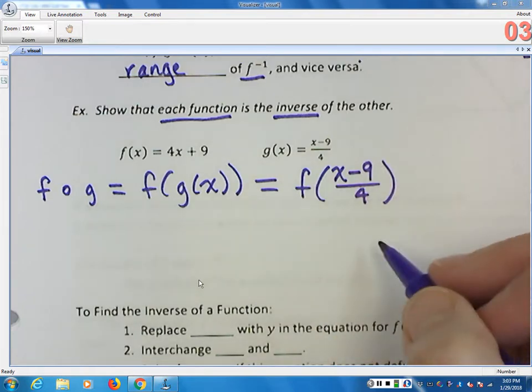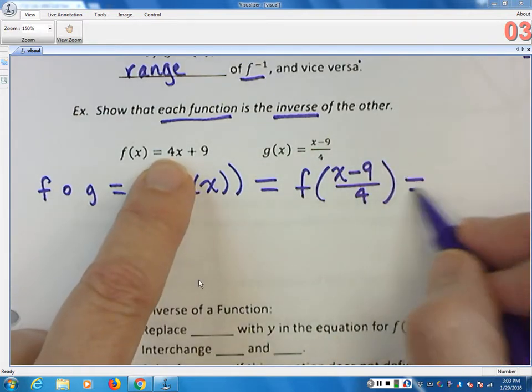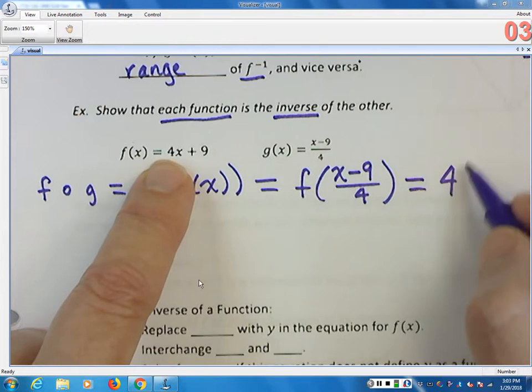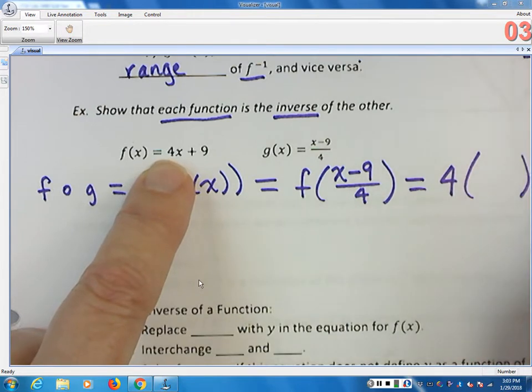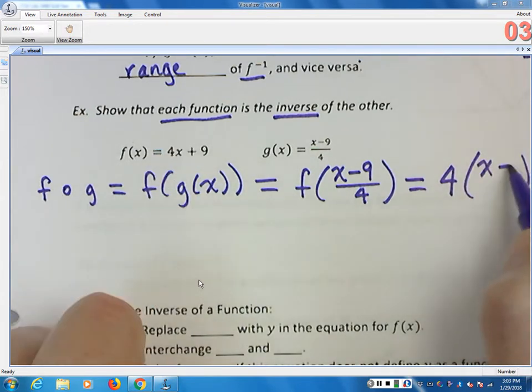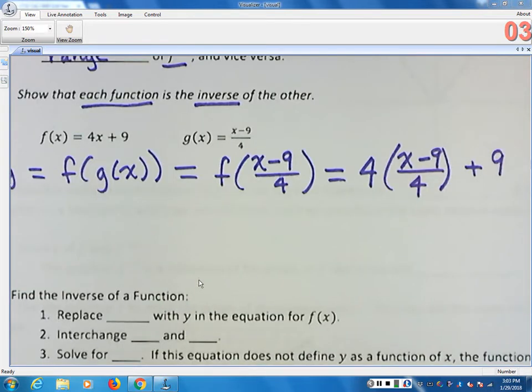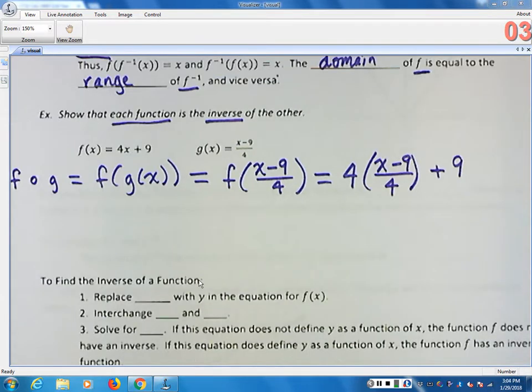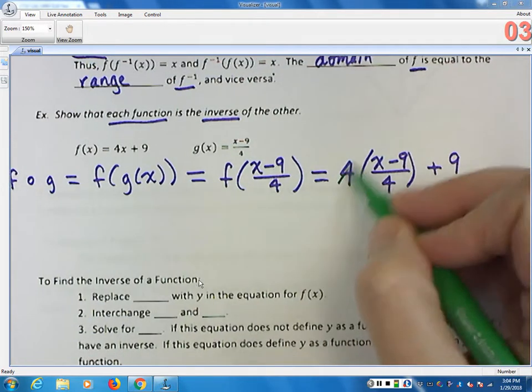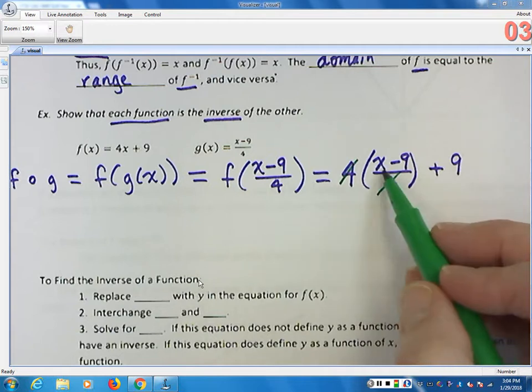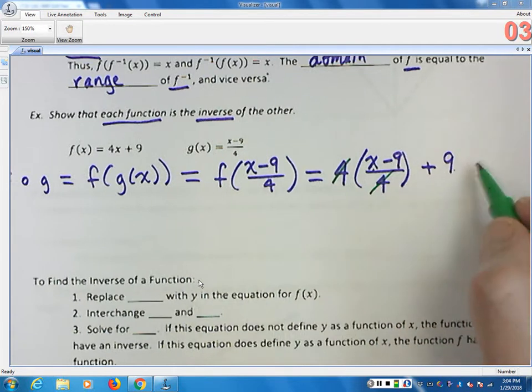Then everywhere in f of x that you have an x, you're going to replace it with x minus 9 over 4. Okay, so when you do that, you get 4 divided by 4 is 1. So now you have x minus 9 plus 9, and you get x.